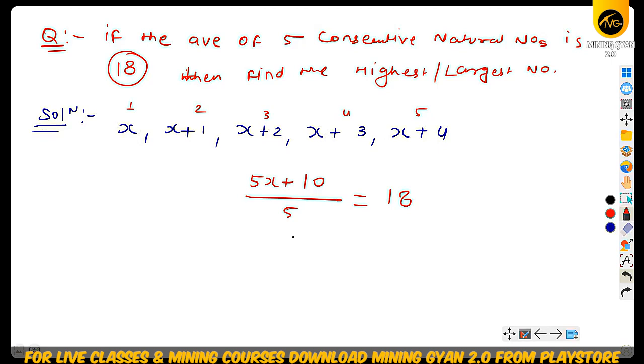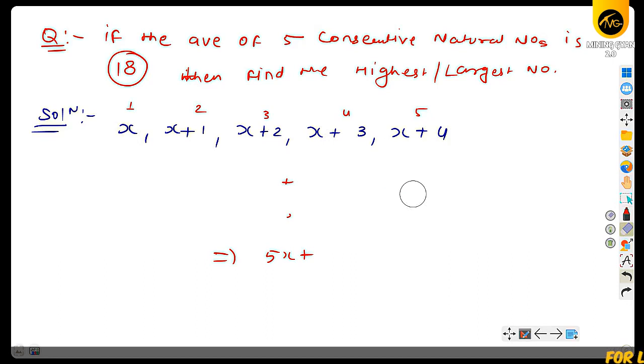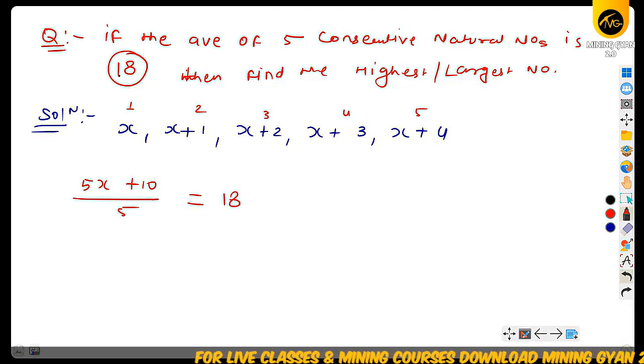Because x is the smallest number, just plus 4 and that will be the largest number. So 5x plus 10 divided by 5 is equal to 18, where 18 is the average of 5 consecutive numbers.